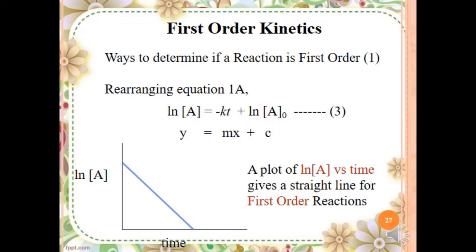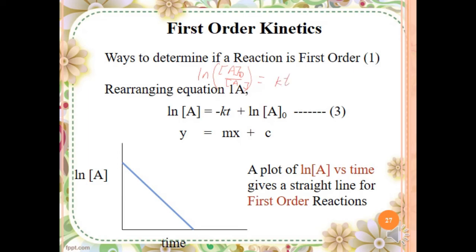So we rearrange equation 1A. 1A just now is ln A naught divided by A concentration equivalent to kt.